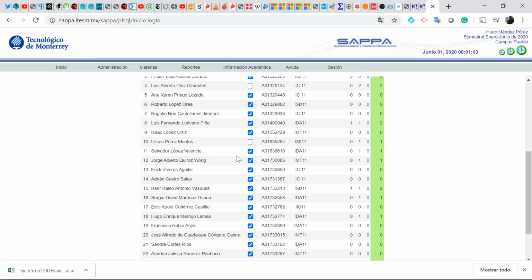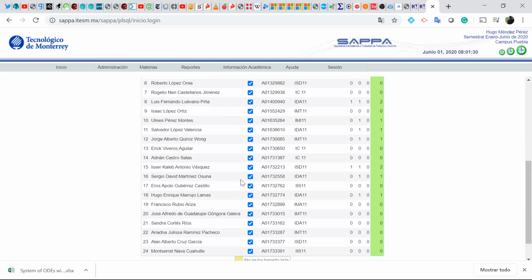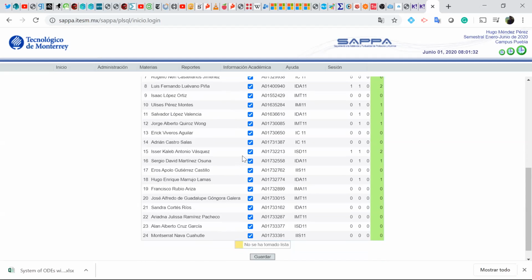Sí, profe. Jorge Alberto Quiroz. Here, profe. Eric Viveros. Sí, estoy aquí. Adrián Castro. Okay. Iser Caleb. Aquí, profe. Sergio David.